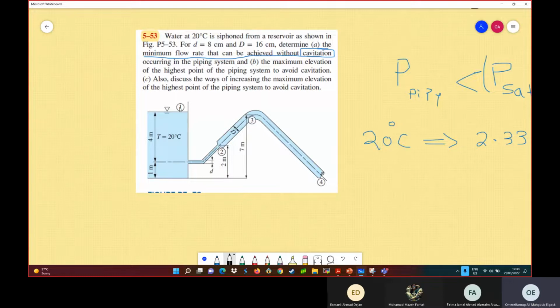If you apply the Bernoulli equation between point 1 and any point here, for example, at this section where the diameter is equal to d small, you will see that the pressure will be constant, and then the pressure here will start to drop.